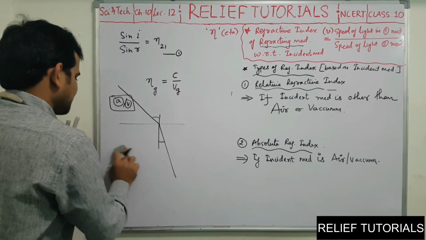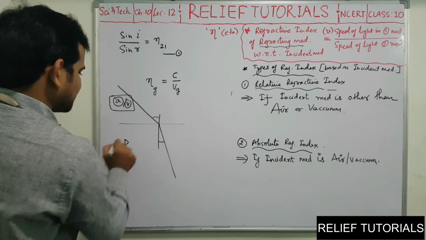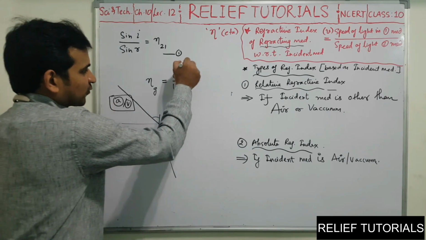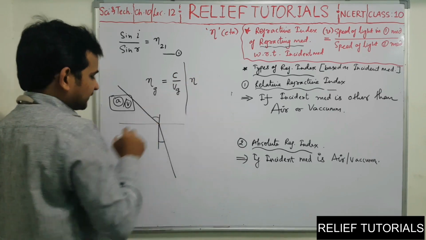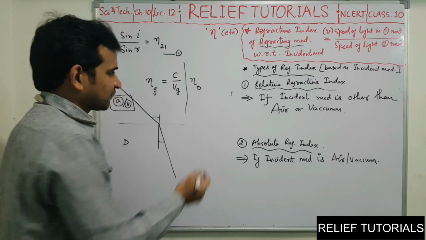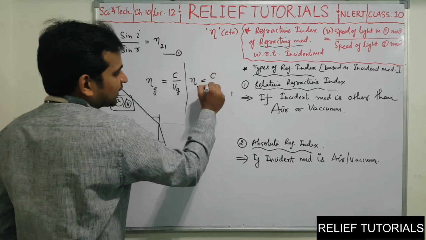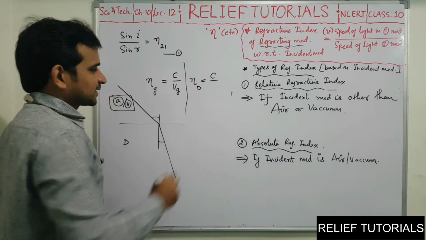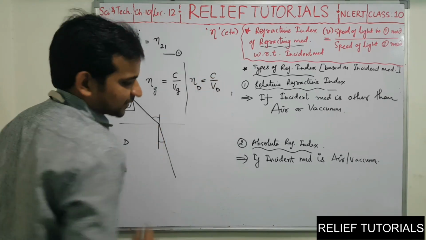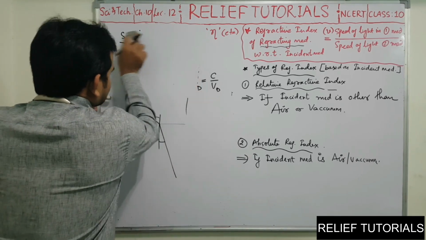If I say the first medium is air and the second medium is diamond, then what would be the formula? Refractive index of diamond with respect to air, no need to specify, is equal to the speed of light in air, which is C, upon the speed of light in diamond.